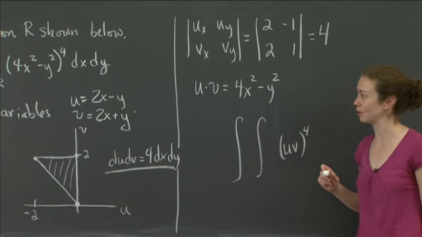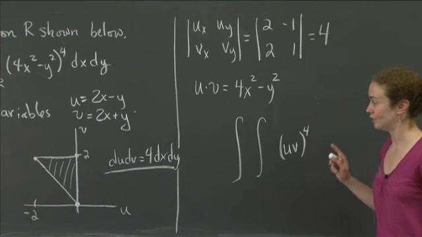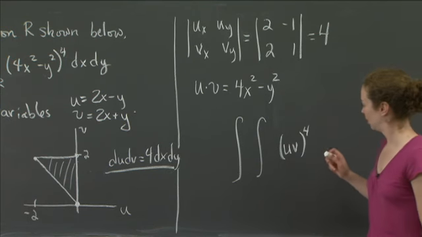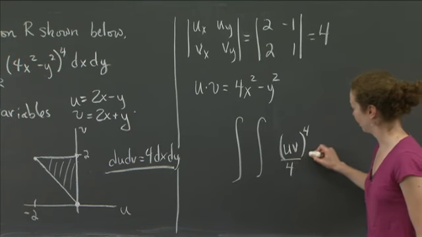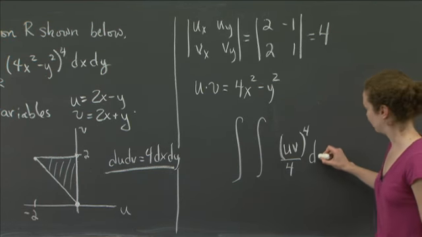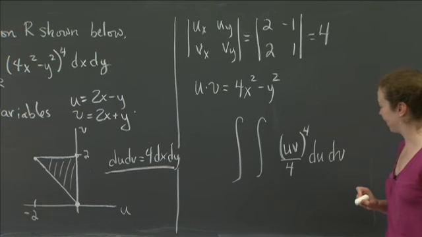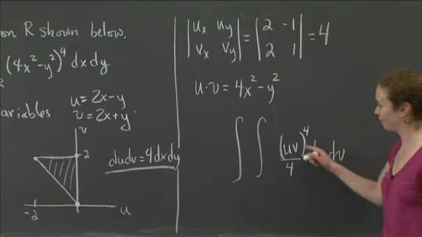So I raise that to the 4th. Then dx dy, as I mentioned, will be replaced by du dv divided by 4. And so I can just put this over 4 and write du dv. Well, I should be careful which order I want to do. It doesn't really matter. I can do either one. Du dv, okay? And so now I want to know what u goes from and to, and then what v has to go from and to.